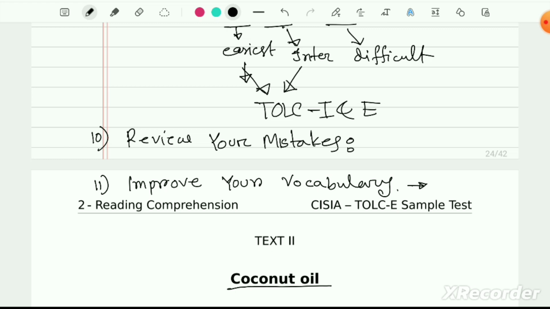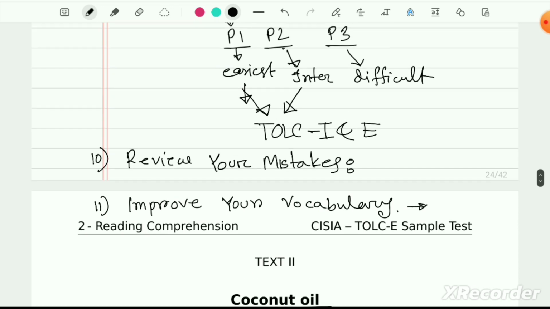But don't be frustrated. Not knowing a word doesn't mean you are not a good student. But still it's your duty to improve your vocabulary, because it sometimes makes understanding easier.